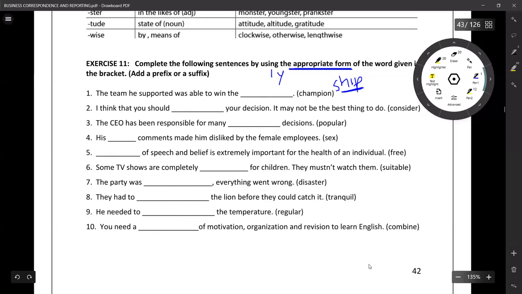Different forms would just mean converting it from verb to noun to adverb to adjective.